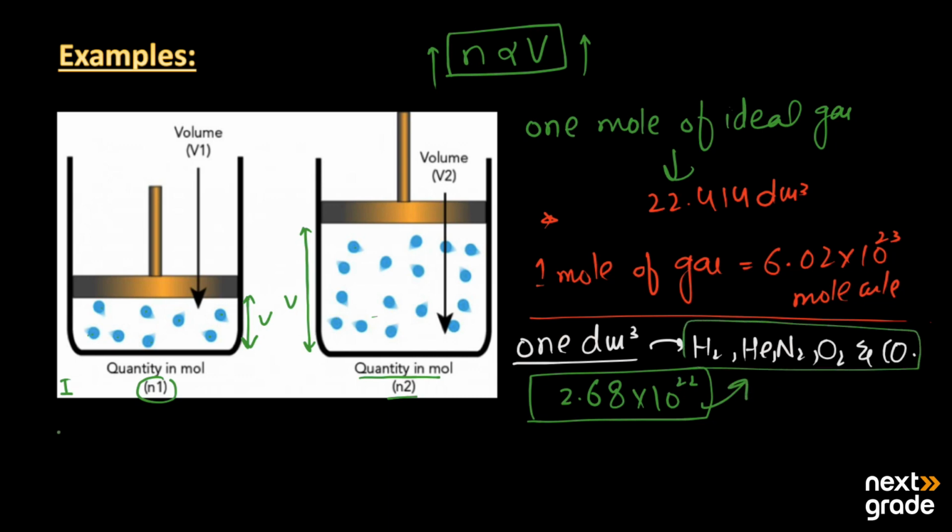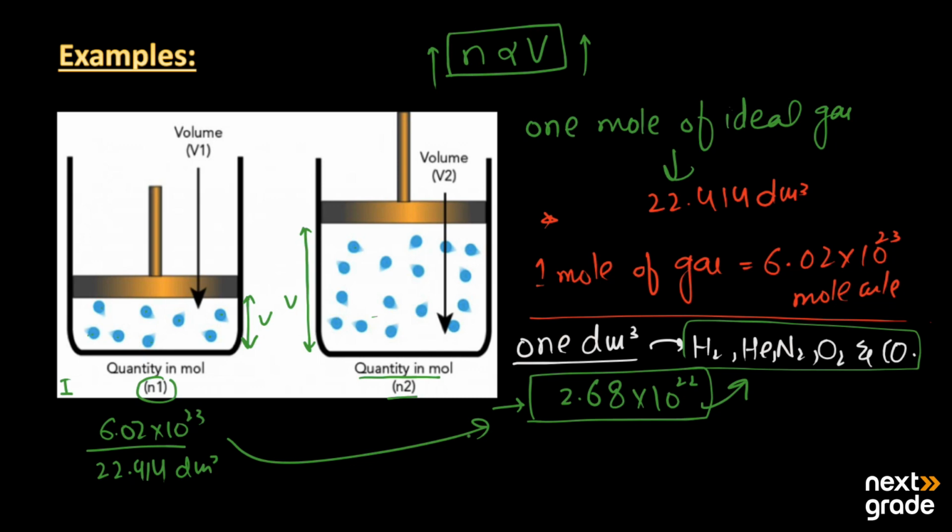On the other hand, we can get this value by dividing 6.02 into 10 raised to the power 23 by the volume, which is 22.414 dm cube. So the answer is there.